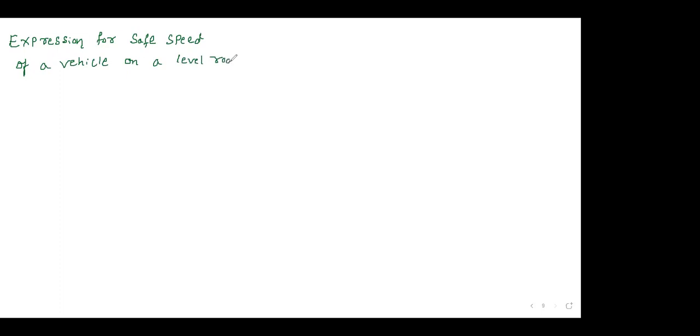Suppose the vehicle is taking a turn on the level road, what is the maximum safe speed of the vehicle? Let us say there is a level road here. Now, on the level road, there is a vehicle.